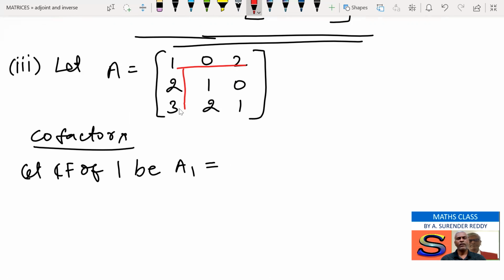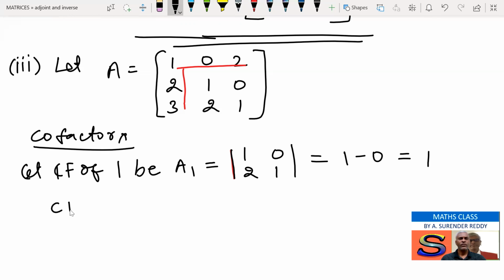Neglecting the row and column, taking the 4 remaining elements. 1 ఉన్నటువంటి రో కాలం ఎలిమినేట్ చేస్తే మిగతా 4 ఎలిమెంట్స్. So here, after eliminating the row and column of 1, we get 1 0, 2 1. So that is equal to 1 into 1 minus 0. So the cofactor of the first element 1 is 1.